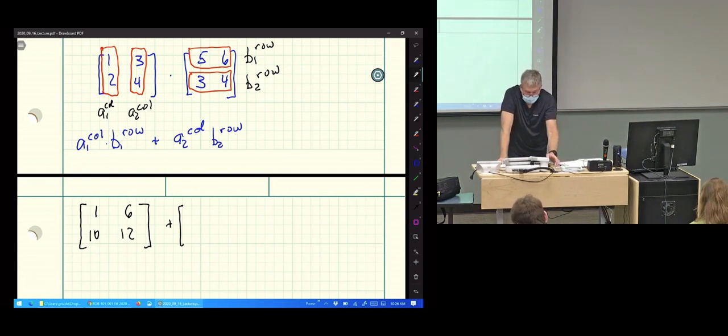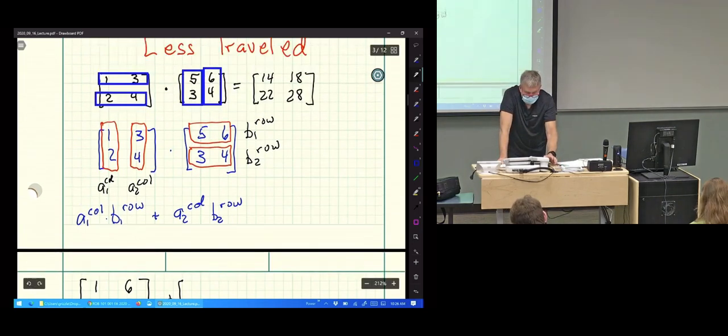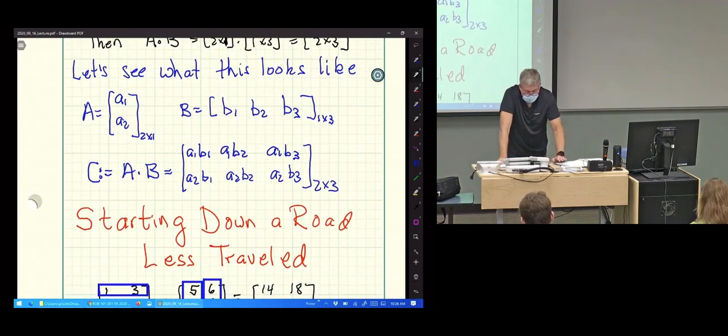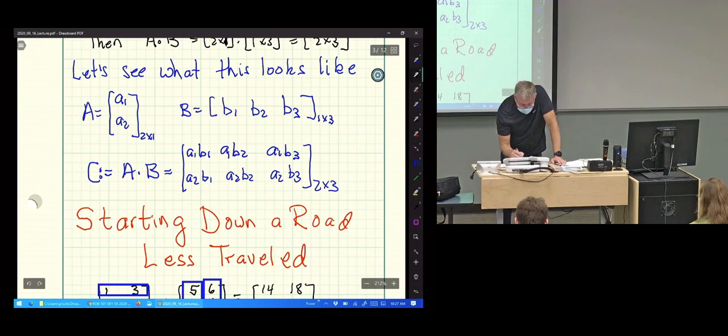I sense some confusion, so let me back up. When I'm doing a column vector times a row vector, this one is 1 by 3, but suppose it had been 1 by 2, then we would have only had this part.